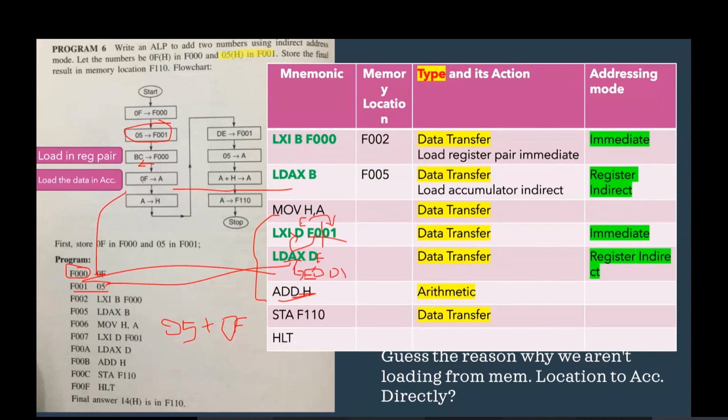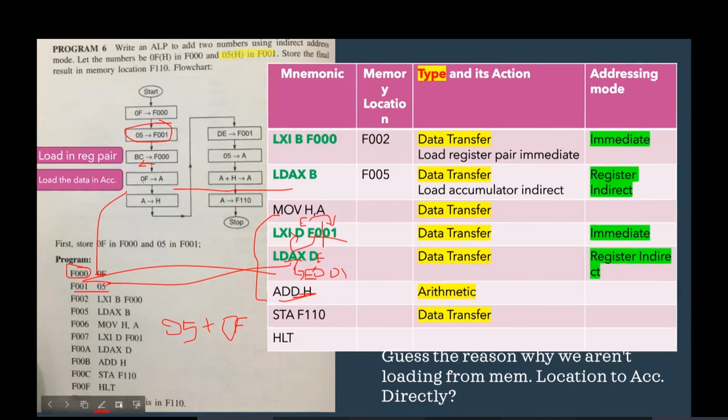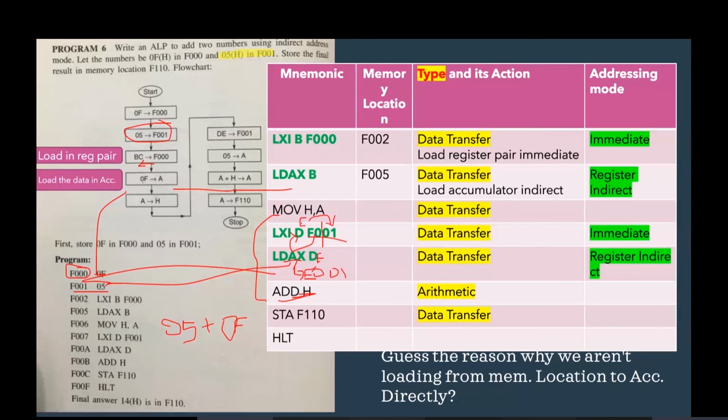This is the program. Any questions on this before we solve it in the simulator? In F000, we are going to give the data that is 0F, in memory, as in the location. The question here is specifying the data, right?